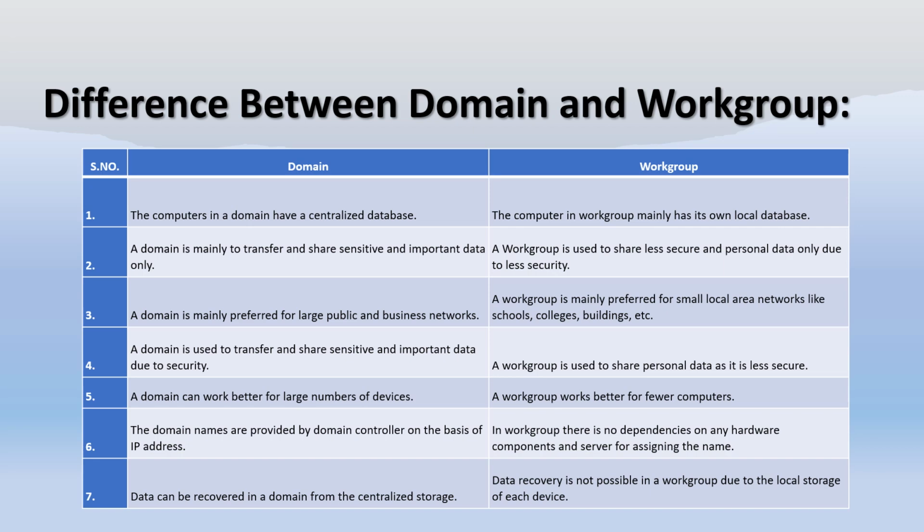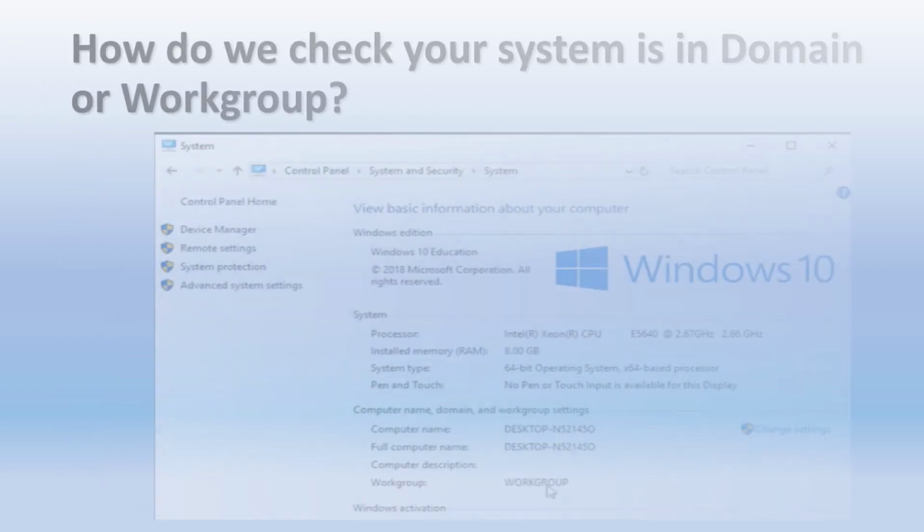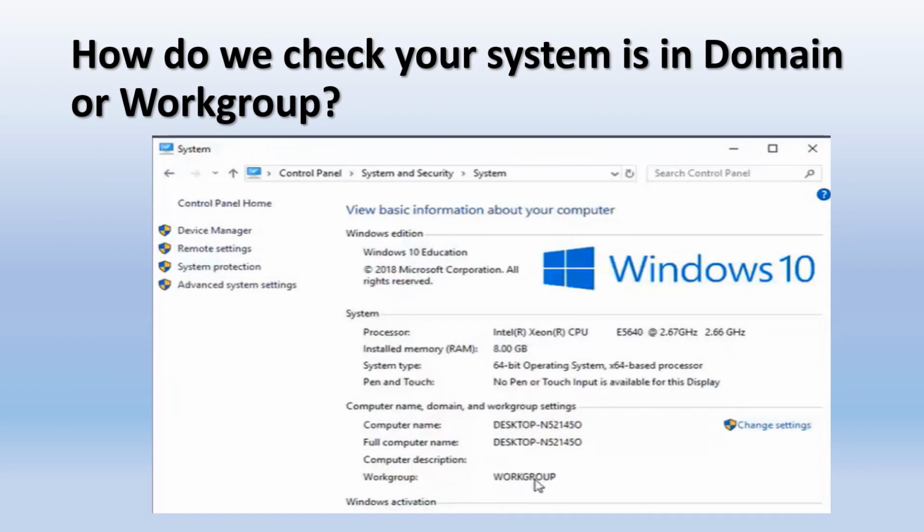Now, how do we check whether our PC belongs to a domain or workgroup? Go to Control Panel, then System and Security, and System. Here, if your PC belongs to a workgroup, it mentions workgroup. If it belongs to a domain, it mentions domain.